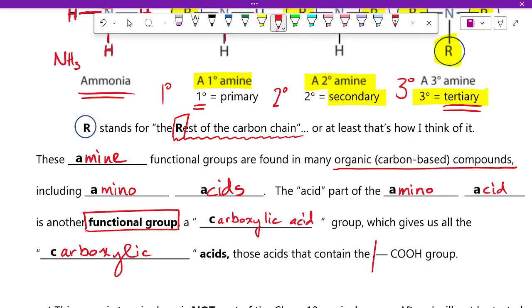Those are the ones that have that COOH group. Do you remember how we looked at COOH and said that's an acid? Well, that's what we get when we have an organic acid.